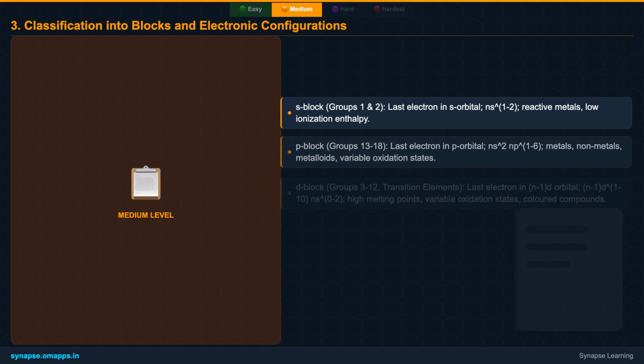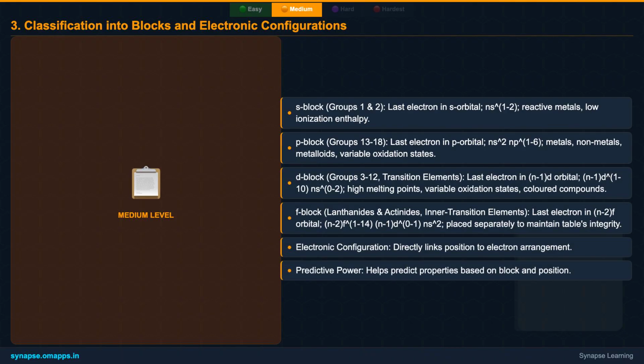Elements are further categorized into 4 blocks, S, P, D, and F, based on where the last electron enters. The S block includes highly reactive metals like alkali and alkaline earth metals. The P block contains a diverse mix of metals, nonmetals, and metalloids, exhibiting varied properties.